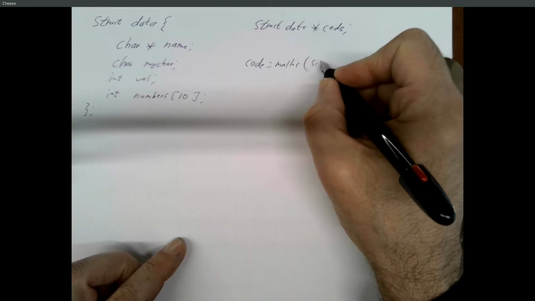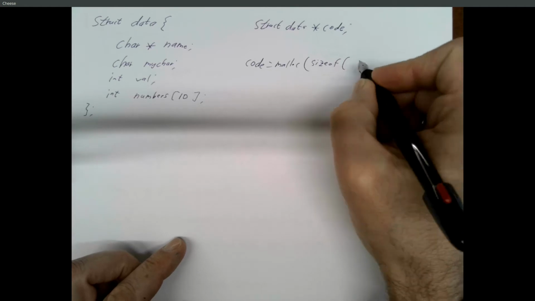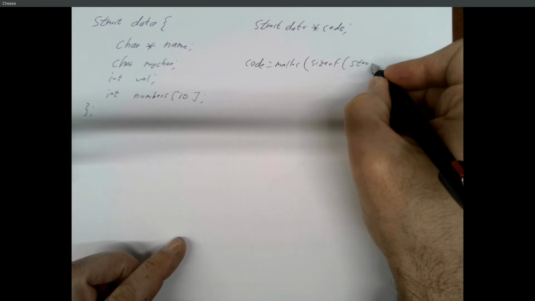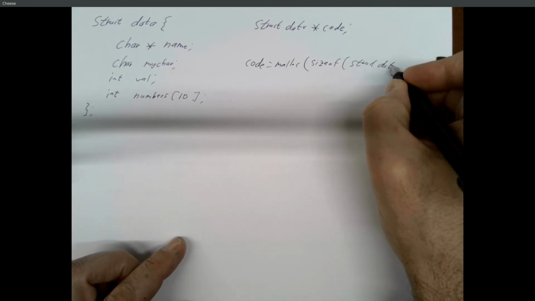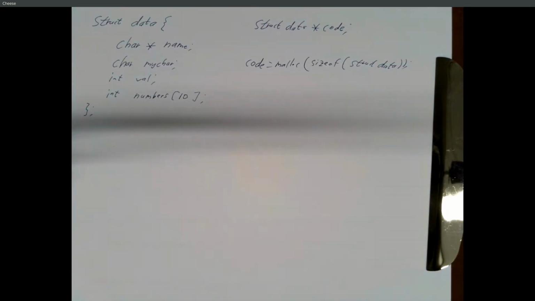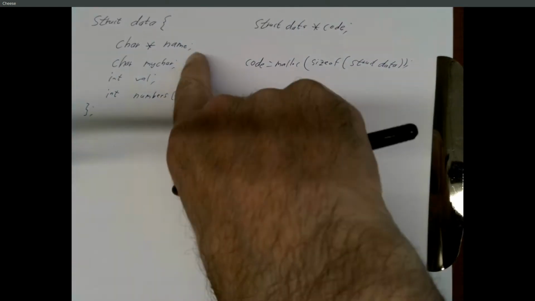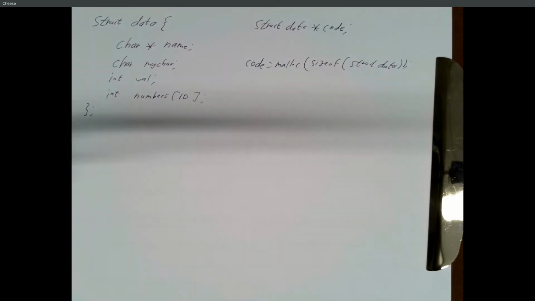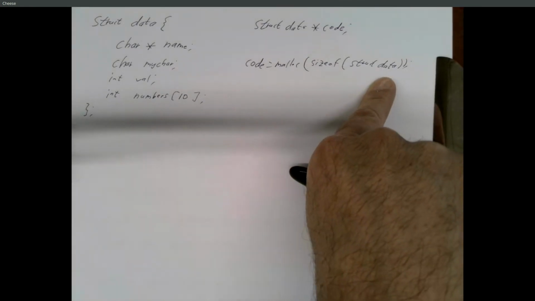So it's just sizeof struct data. And that's generally bigger than just a pointer plus a character plus 11 ints, because there's padding inside these structures and stuff. And I don't think anybody did struct data star, which is great.